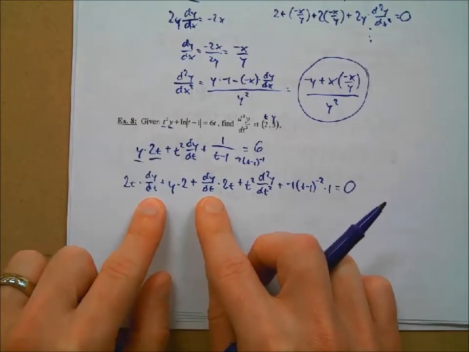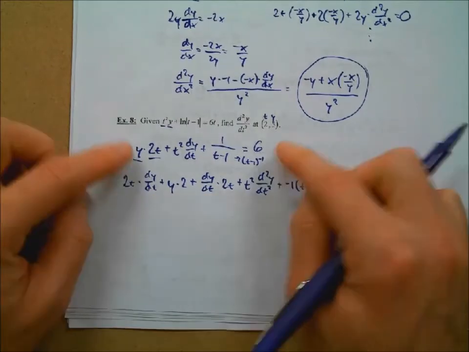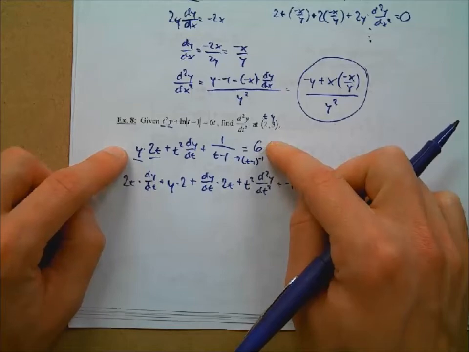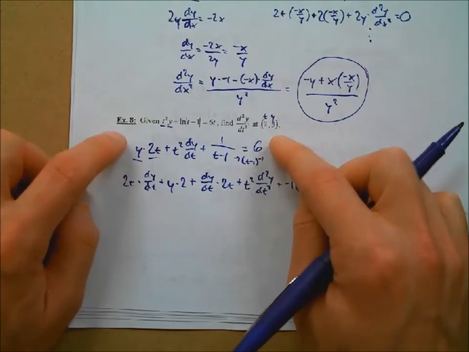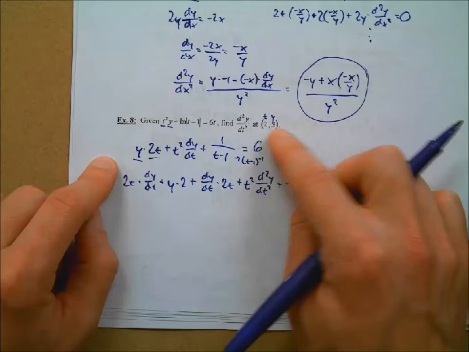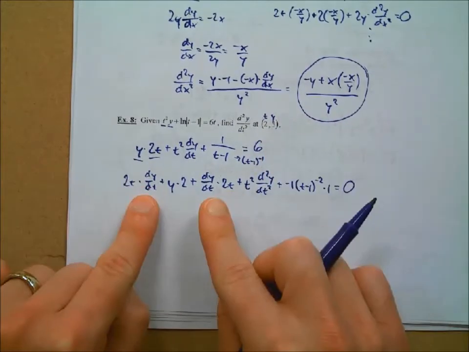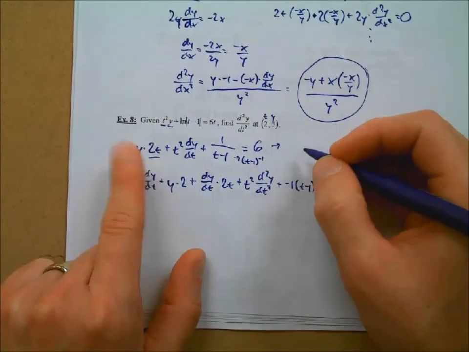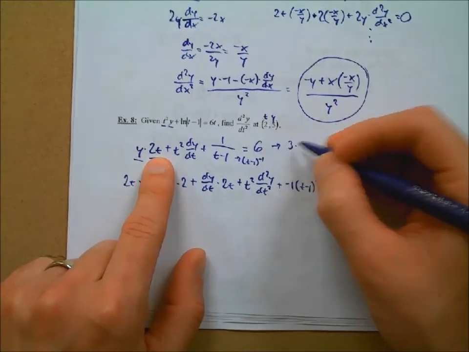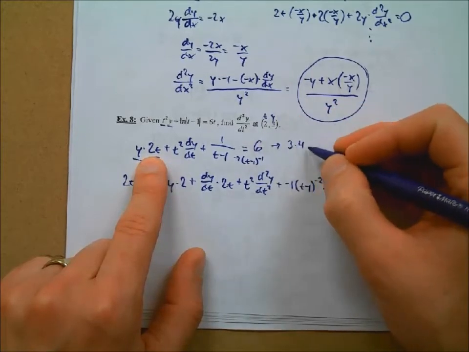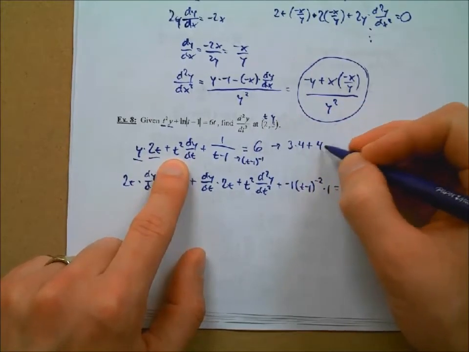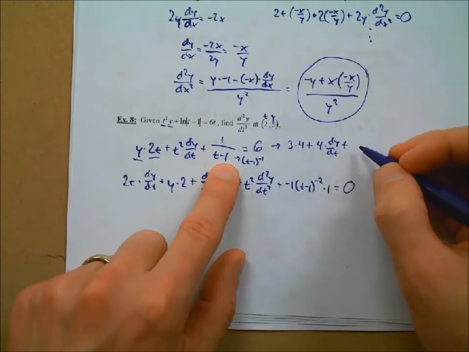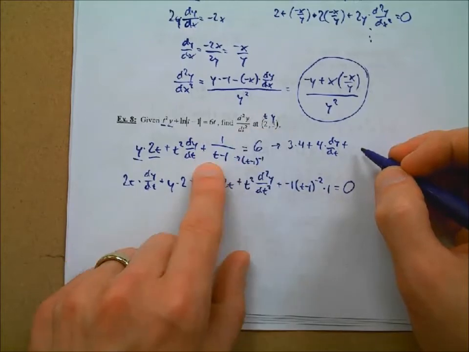Well, if you thought or said out loud, plug 2 and 3 back into the first derivative and solve for dy dt, you're right. Okay? We're going to plug 2 and 3 in here to get dy dt evaluated at 2, 3, and then we can plug that value in for the dy dt's here and here. So let's do that right now. So y times 2t is going to be 3 times, 2t is going to be 4, so I'll just go ahead and make that 4, plus t squared is going to be 4 times dy over dt, plus 1 over t minus 1. 2 is t, so 2 minus 1 is 1, so it's 1 over 1, so just 1.